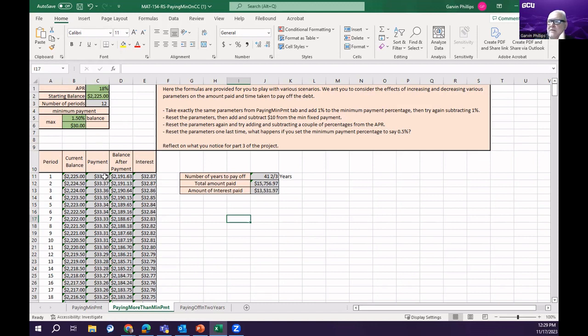But I'm pretty close. Let's try 1.2. Ooh, that's too little. You'll notice that it kicked in that it was going to be less than $30. So it actually converted to that $30. So I don't quite want that low, but I was getting there.